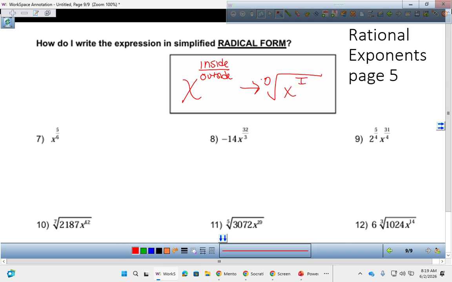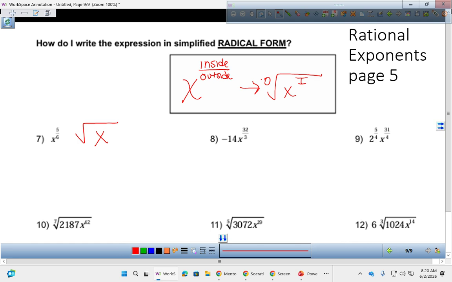I'm just using O and I for inside and outside there, but the outside number is the denominator of the fraction. And the inside number is the exponent, the numerator of the fraction. If you have something that has an exponent and the exponent is a fraction, then you can write it in root form. The base, which is below the exponent, stays inside.